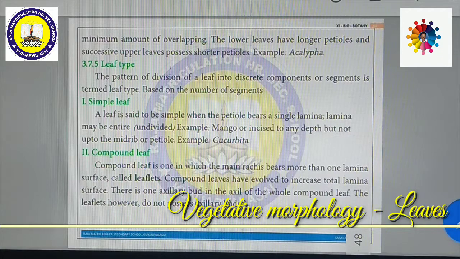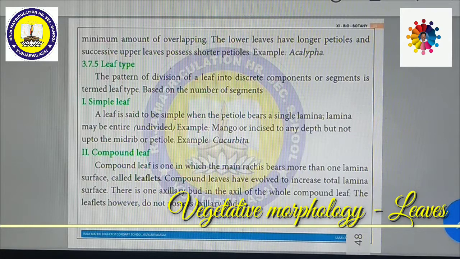We shall see them one by one. A leaf is said to be simple when the petiole bears a single lamina. The lamina may be entire or it may be incised. Entire means undivided. Example, mango. Incised to any depth but not up to the midrib or petiole. Example, Cucurbita.